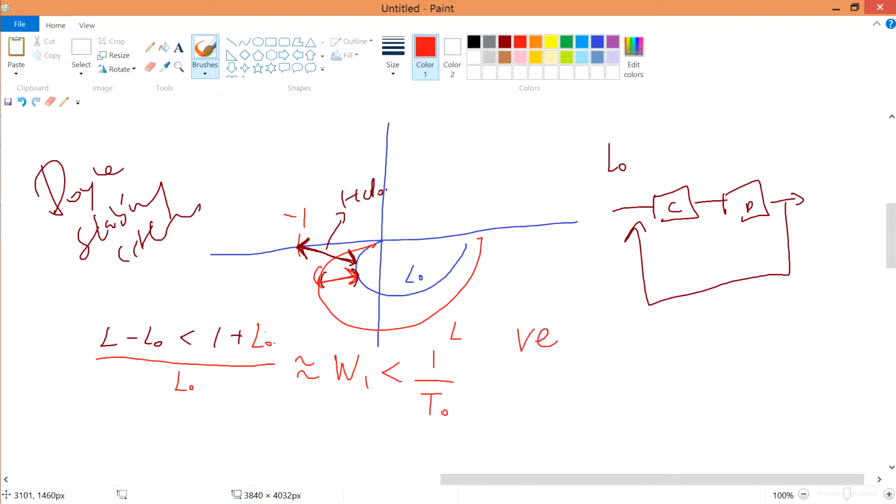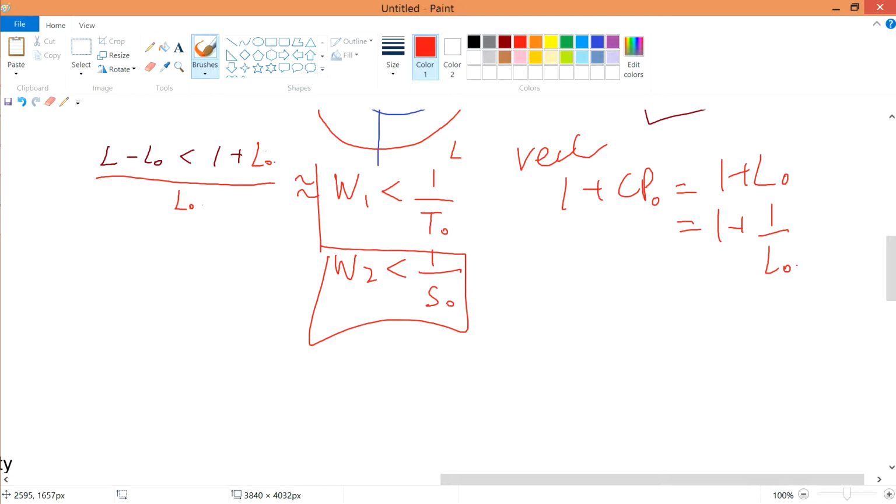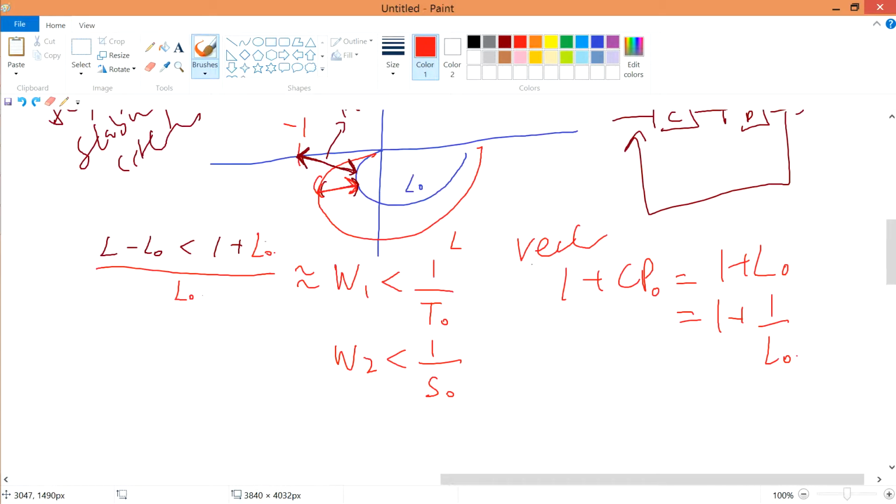Alright, this keeps talking about the vector margin, or 1 plus Cp, or the 1 plus L, if we were to talk about it. Alright, about the inverse. If it's equal to 1 plus 1 over L naught, then instead of having this thing over here, you're gonna have W2 has to be smaller than 1 over X naught. Alright, this is for the inverse case. Same thing but in a different formula. Alright, you need to take note of that.